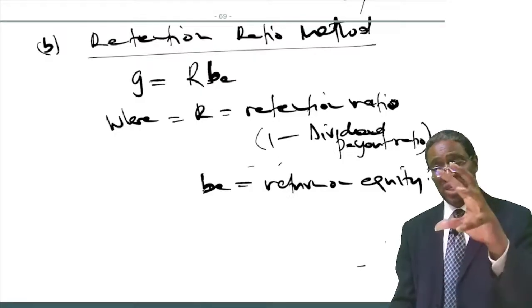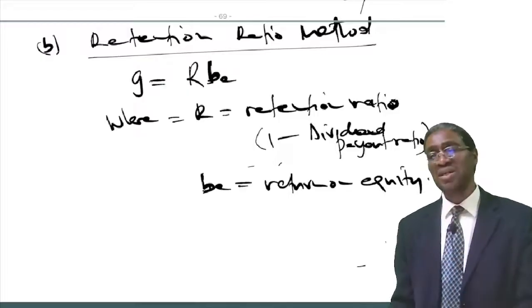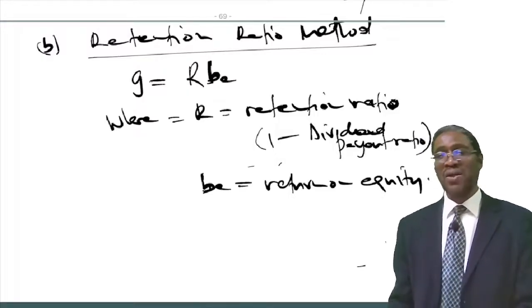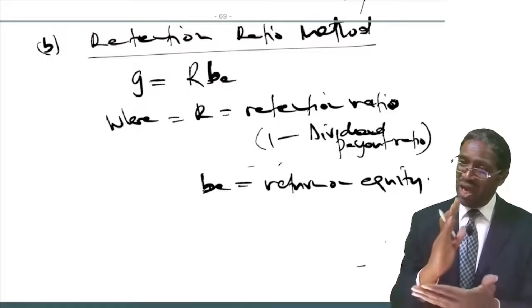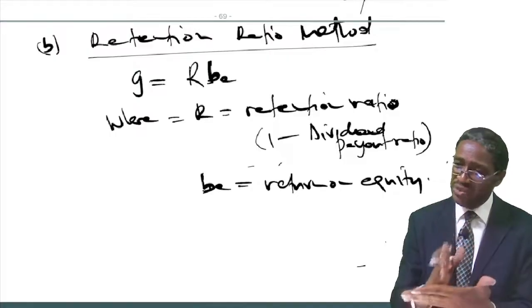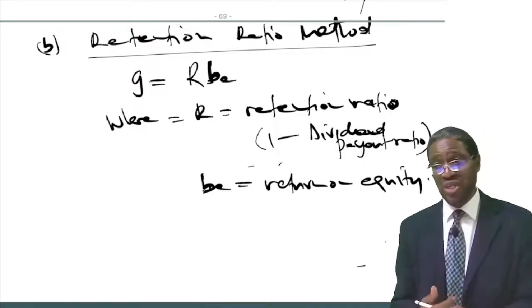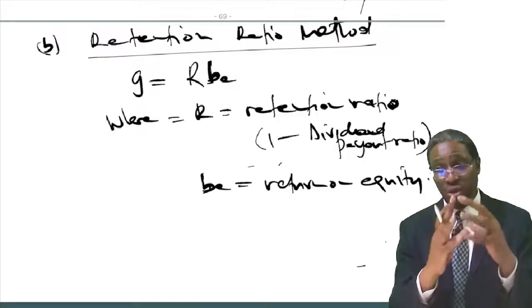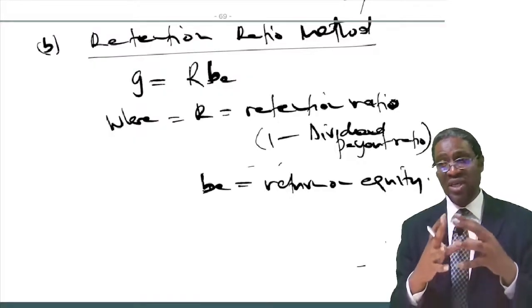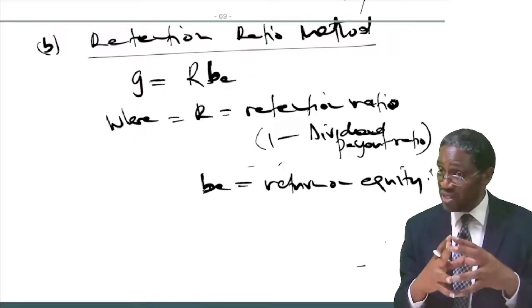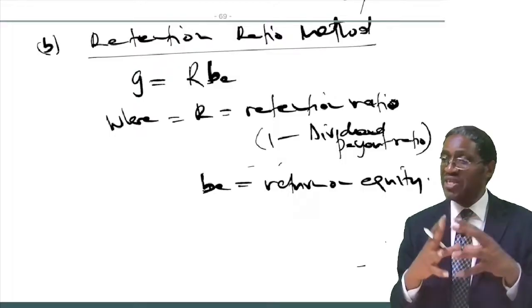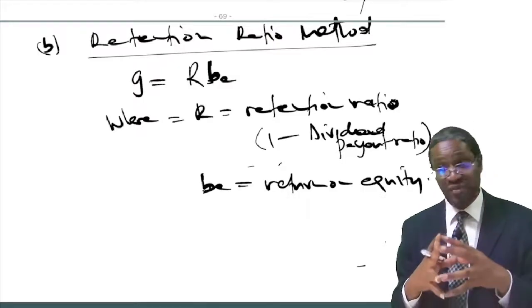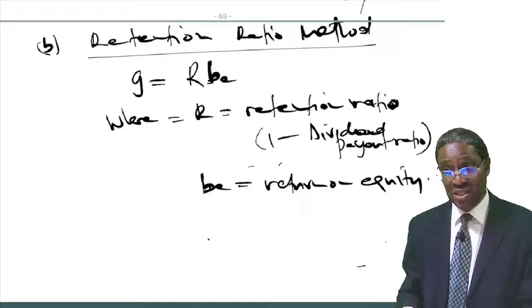Then we have also discussed how to determine the growth rate. We started by saying, how do you use the dividend price model? Dividend price model is used where there is no growth. In other words, there was no growth in dividend and we expected dividend to remain the same forever. That was our first approach.